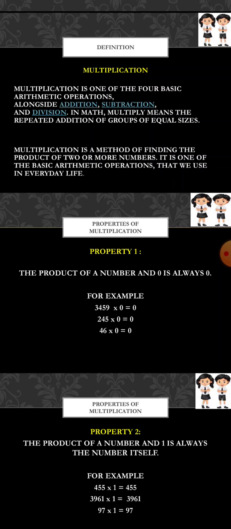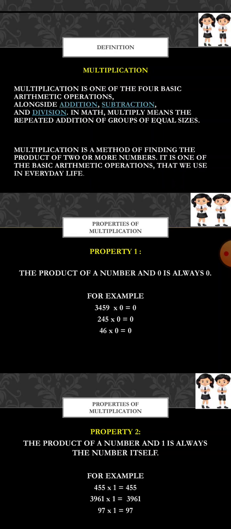Multiplication is one of the four elementary mathematical operations of arithmetic, with the other ones being addition, subtraction, and division. You have to keep in mind that there are four basic arithmetic operations: first is addition, subtraction, multiplication, and division. So right now we are gaining knowledge on multiplication.